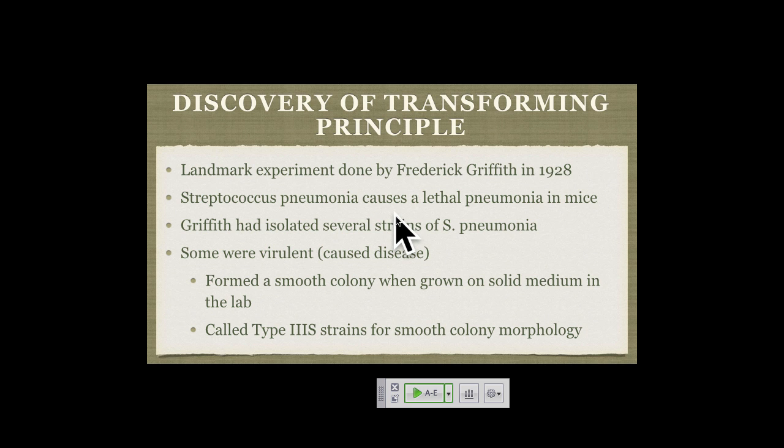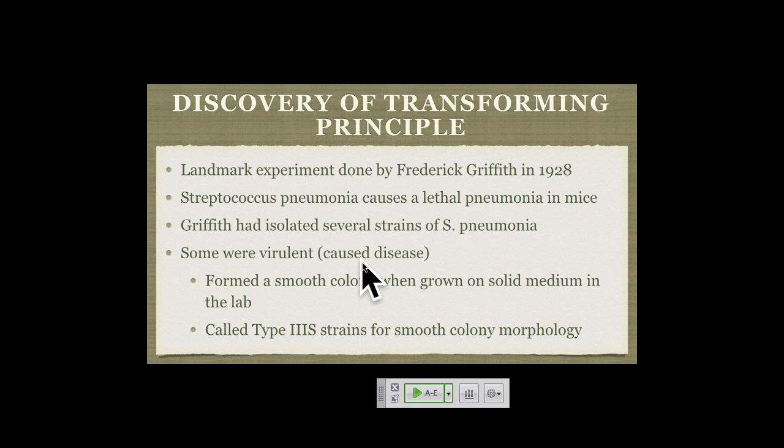So he's infecting mice with some strains of Streptococcus pneumoniae, which the virulent forms are lethal in the mouse. He'd isolated several different strains of the Streptococcus. Some are virulent, so they cause the disease and they kill the mouse.